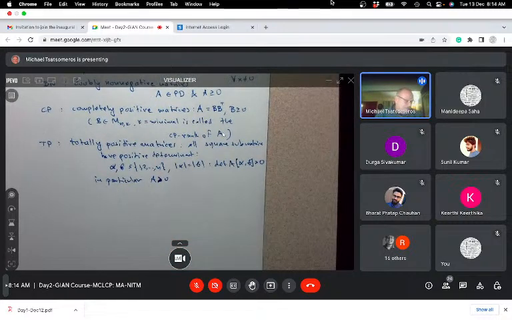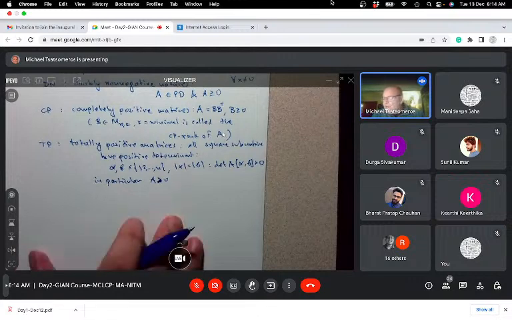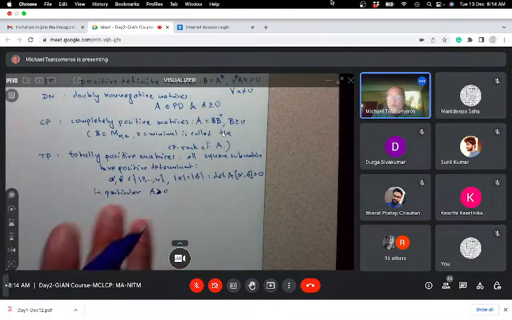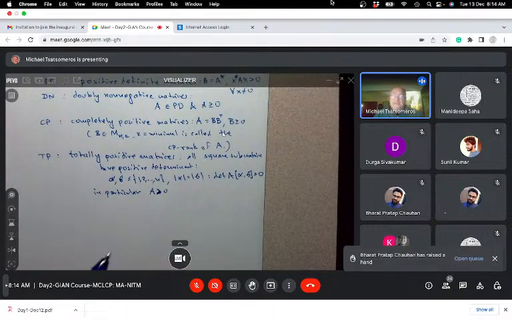There's a weaker notion for most of these classes, positive semi-definite matrices. I won't tire us with all these weaker versions, but you can imagine how they work. There is something called totally non-negative matrices, which allows these minors to be greater or equal.